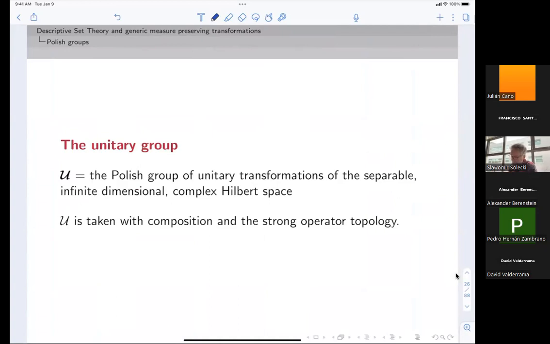So there is one choice here that I can make, and this is the choice that I do make. Strong operator topology just says it's a natural topology on that group. So I look at all these angle preserving transformations of this big space, but controllable, and I put a nice topology on it that makes it into a Polish group.